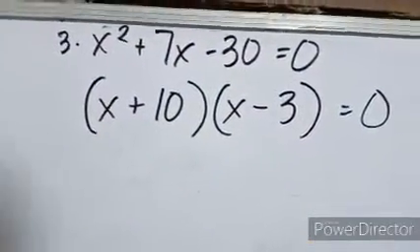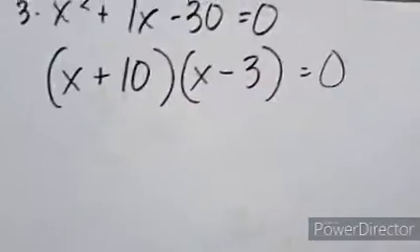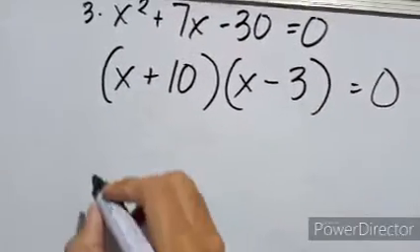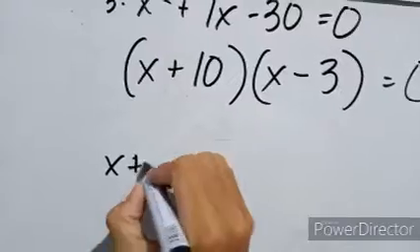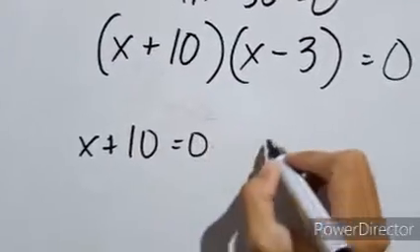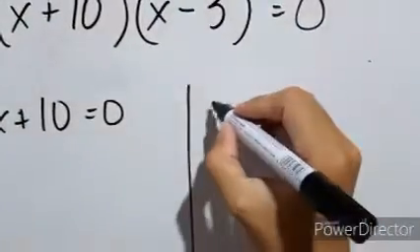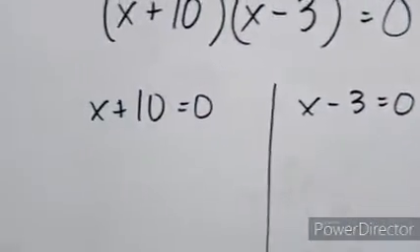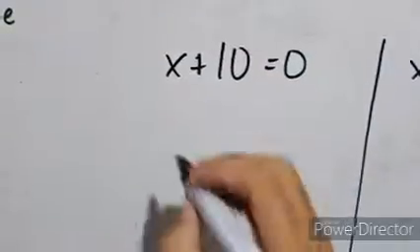So, nakuha na natin ang factors. Ngayon, anong next? So, ang next natin gagawin ay separate into two equations. X plus 10 is equal to 0. Kabila ay x minus 3 is equal to 0. Sagutan muna natin yung left side.